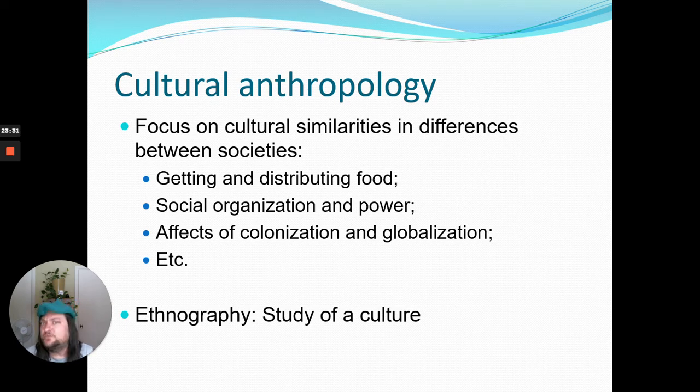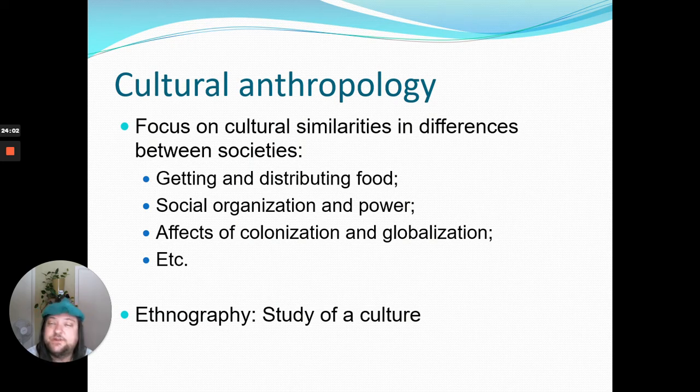As I mentioned earlier, that's from this holistic perspective where everything is connected within a culture, but also to understand, well, what do we do the same, and how do we do it differently across cultures? So, getting and distributing food within a community, organizing our societies, who has power over whom, the effects of colonization and globalization on cultures around the world, and a whole bunch of other things.